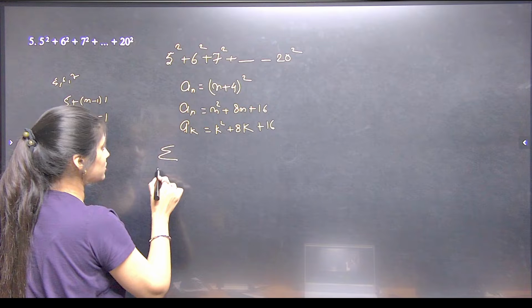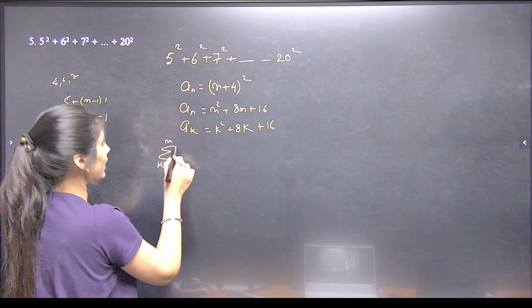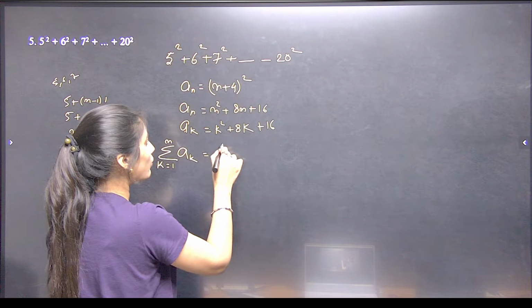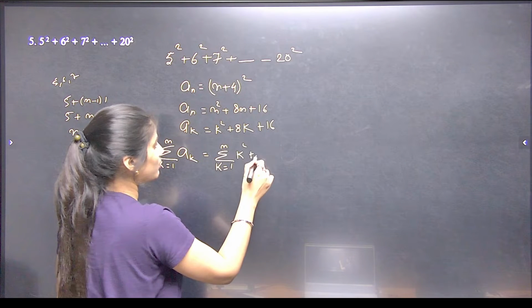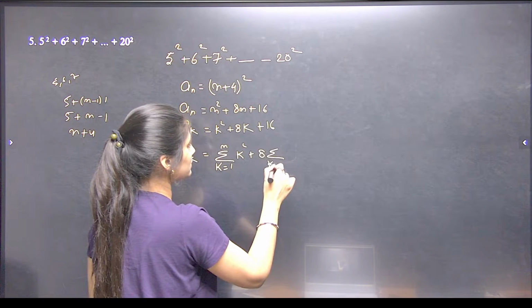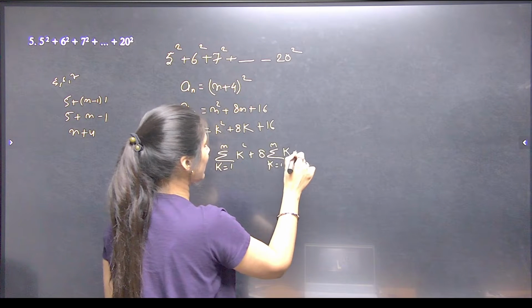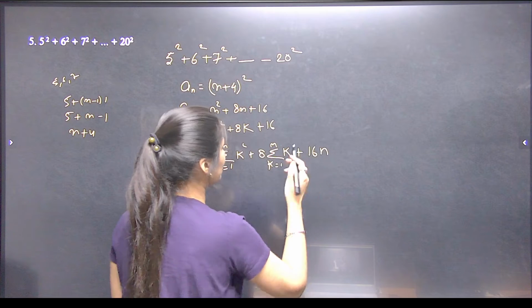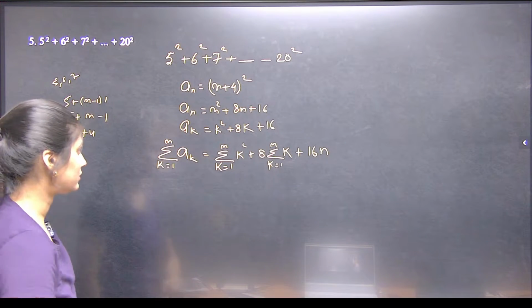We have to put a summation. So it is summation k equal to 1 to n ak is equal to summation k equal to 1 to n k square plus 8 into summation k equal to 1 to n k, and then we have 16, and it will be 16n at the end of the solution.